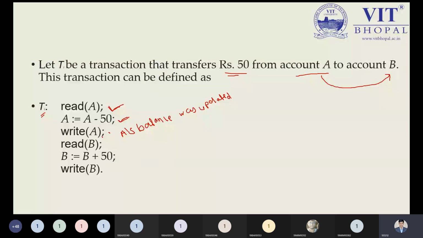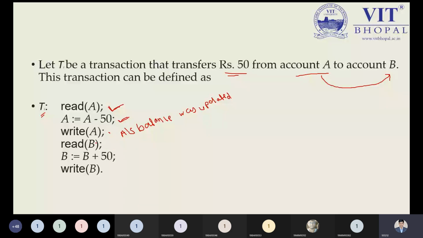But suddenly, after writing A, it found that the transaction failed. So A's balance was updated, but B's balance was not. At that time, recovery plays an important role. We will see that part in the coming classes, but we need to keep the point in mind.